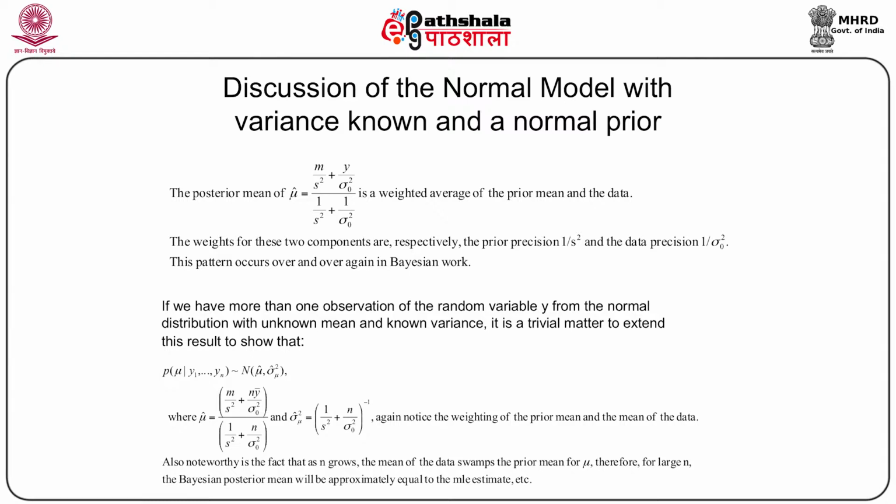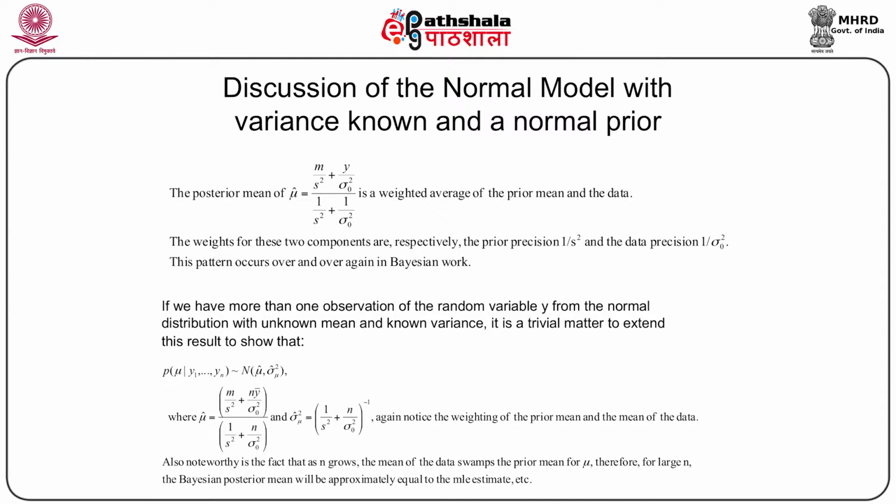So mu hat is again m over s square plus n y bar over sigma 0 square, divided by 1 over s square plus n over sigma 0 square. And sigma mu hat square again has a similar expression, only now instead of 1 over sigma 0 square, it's n over sigma 0 square.